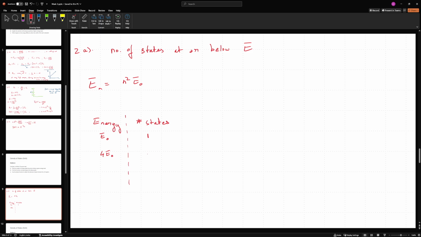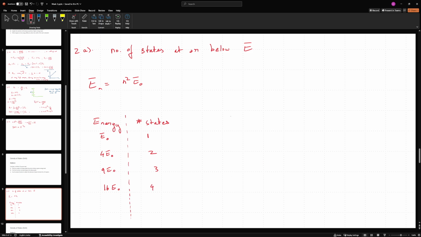So at 4 E naught, I will have the first excited state and the ground state itself. So this is 2. Then at 9 E naught is going to be 3. And then I will have 16 E naught. There will be 4 energy states at or below this value.